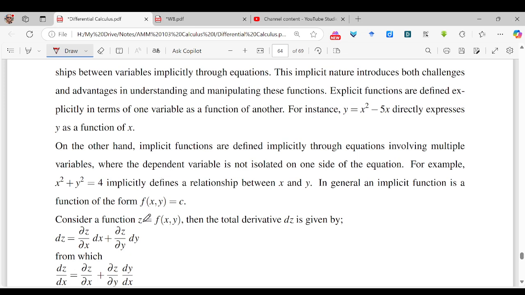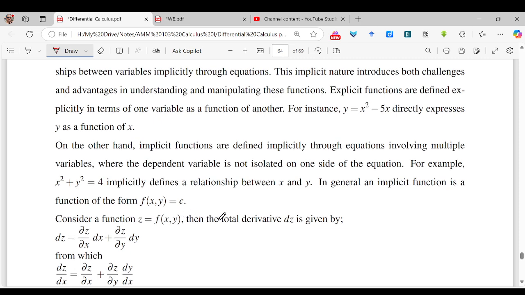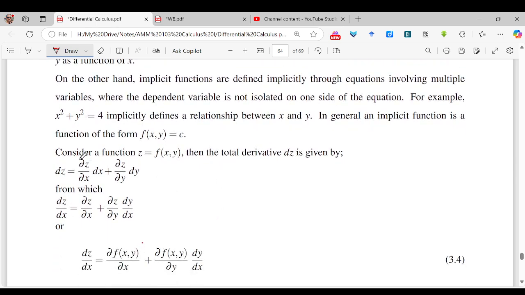So consider a function z, which is a function of two variables x and y. Then the total derivative can be expressed as dz is equal to the partial derivative of z with respect to x times dx plus the partial derivative of z with respect to y times dy.